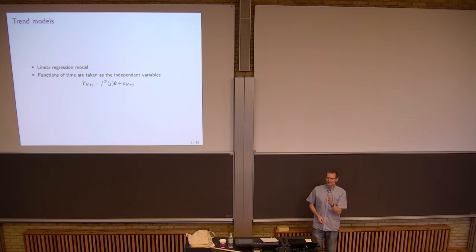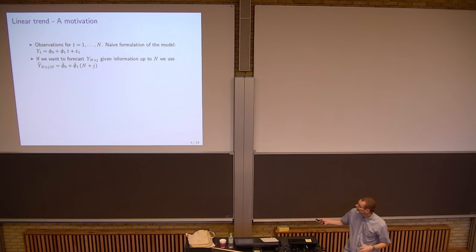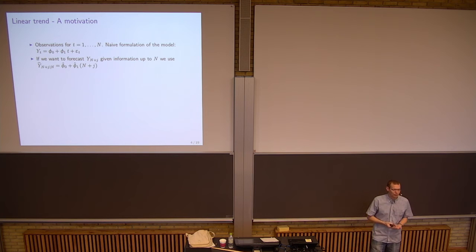And why the heck would we want to do that? Well, the naive model, as said, is to just take time in a continuous way. And the alternative, as I just said, is we'll take time relative to now, as in relative to the newest observation. So what does that mean?